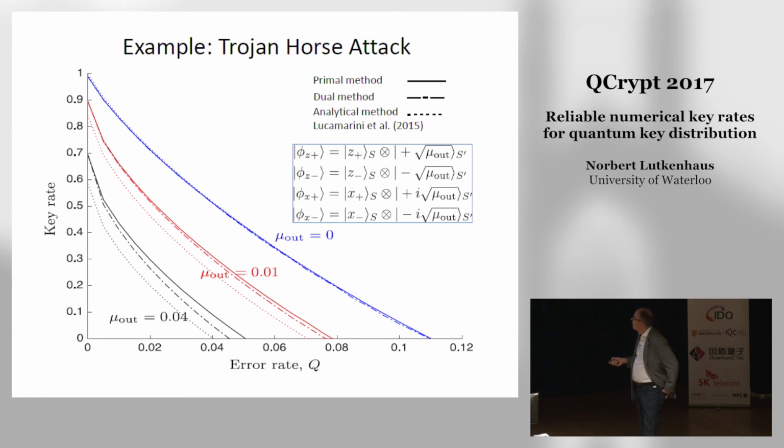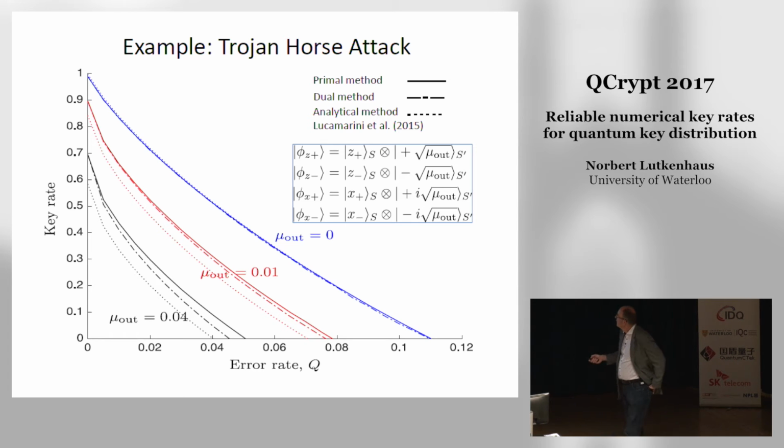What you see here is a plot with the error rates that we observe and the key rates that we get. Here, mu out is the intensity of the light that is coming back out of the system. You see that if no light comes back, then of course all curves coincide. But if some light comes back, you see something different.